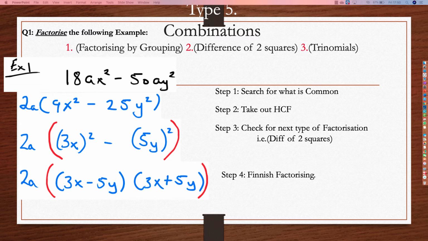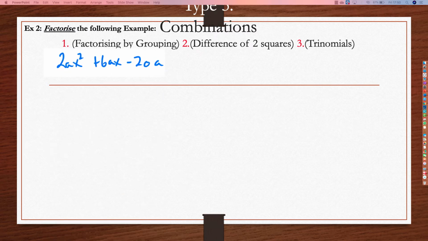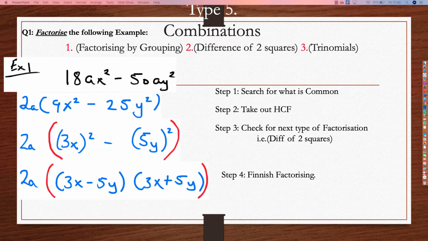Right, we're going to have a go at one of these. Do we have another one lined up? I do. I'm going to jump to a slightly easier one first. Right, have a go at this one for me.